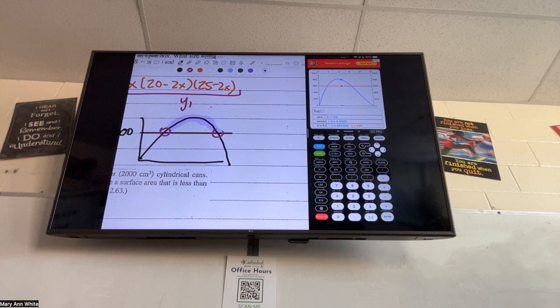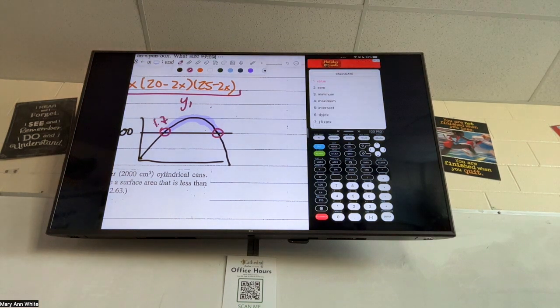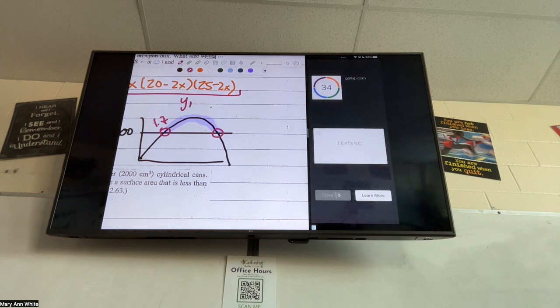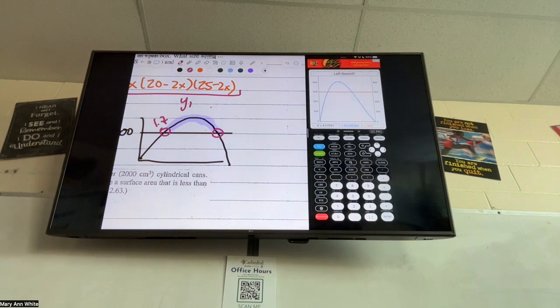I need to know this point to this point, because that is my interval. Trace, intersect, left bound, right bound. My first one's at 1.7, and then my second one is at 6.2.